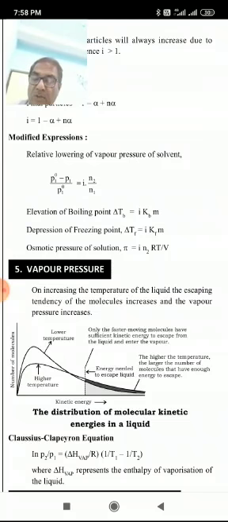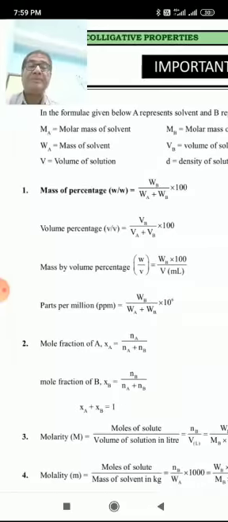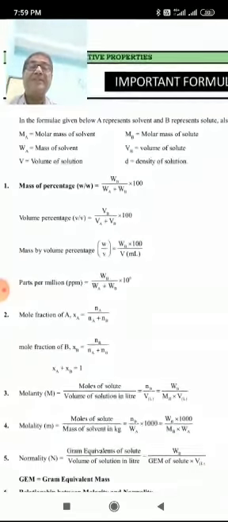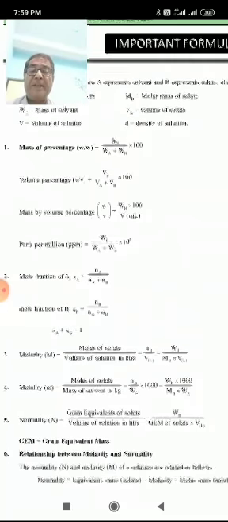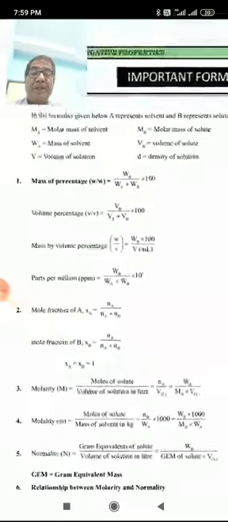So resins grow or swell in size. Now, here are some important formulas from the chapter solution, which are very important to solve numerical problems.